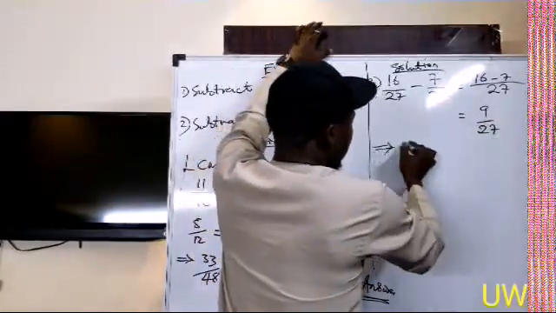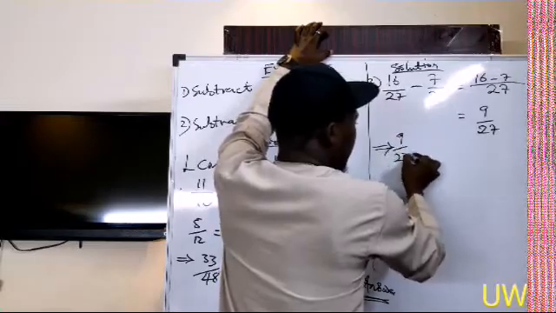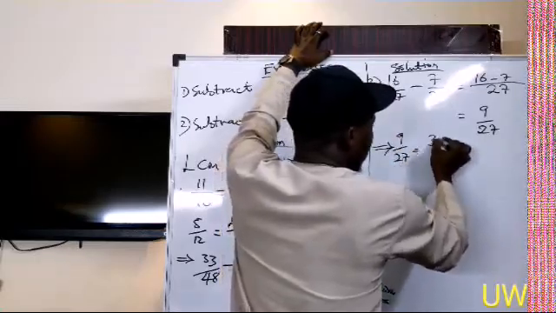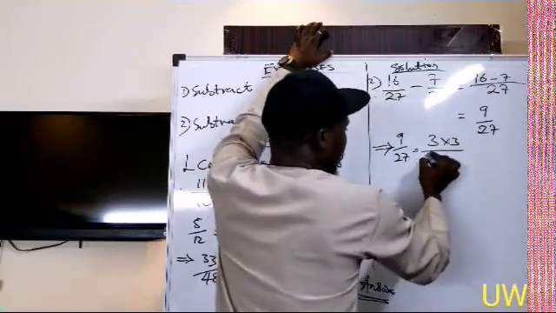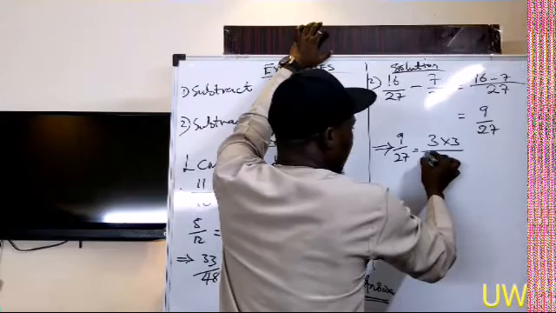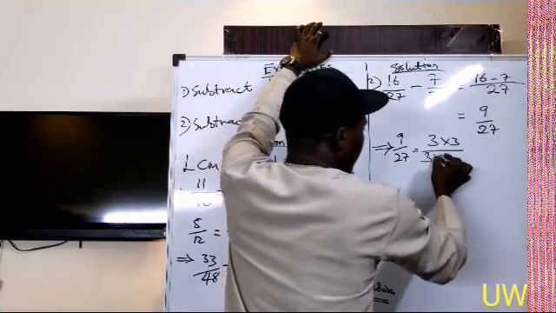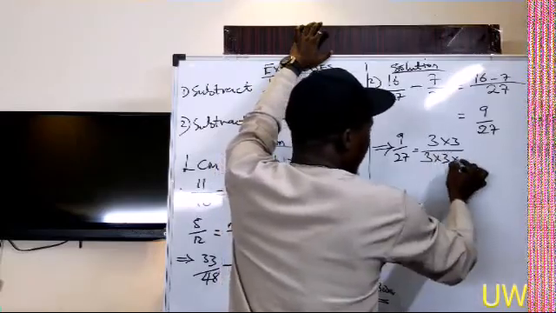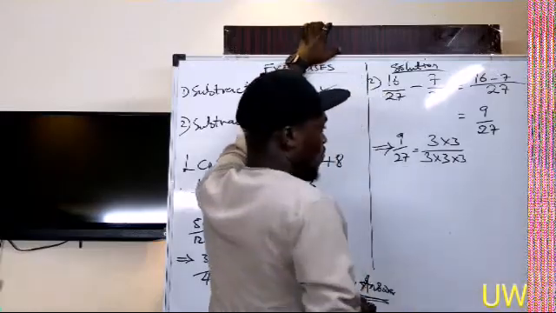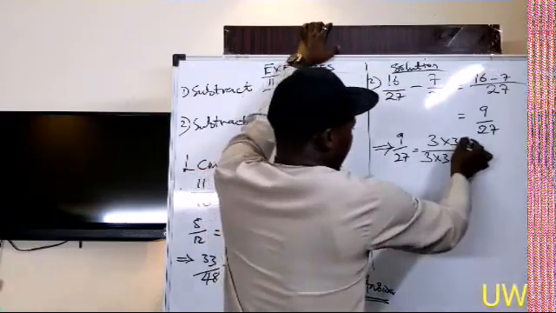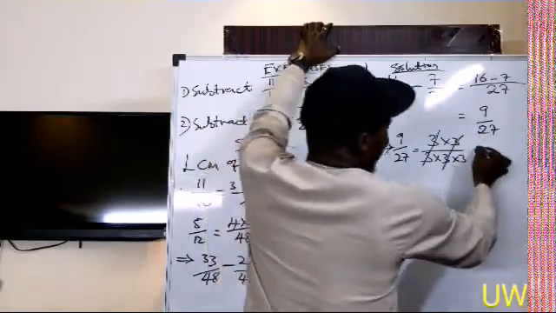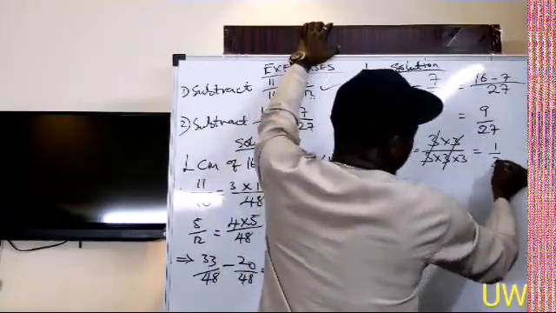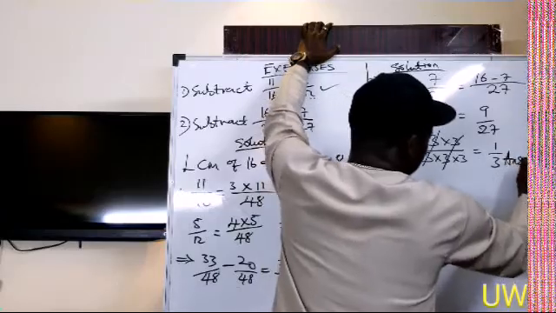This implies that 9 over 27 is equal to 3 times 3 over 3 times 3 times 3. This 3 will cancel this 3, and this can cancel this to give 1 over 3. This is our answer in its simplest form.